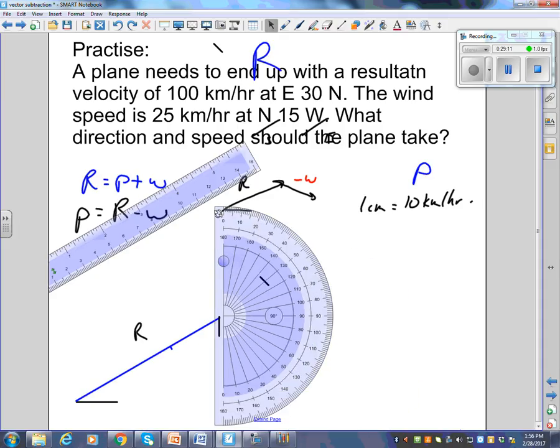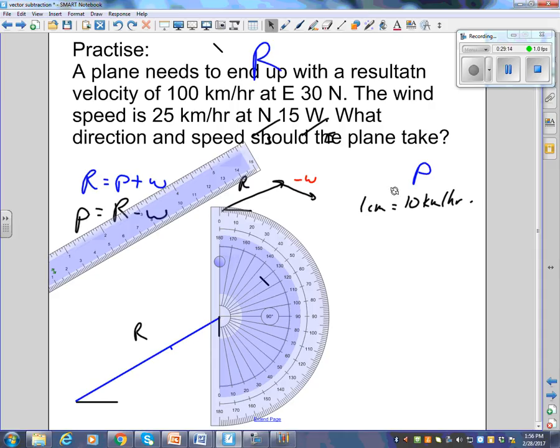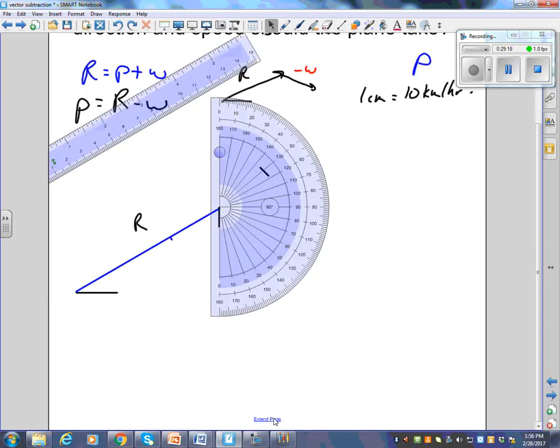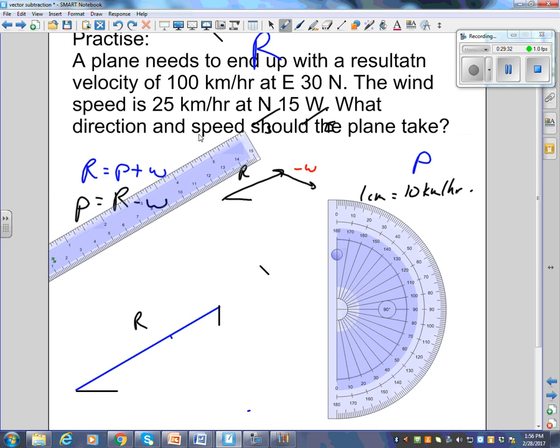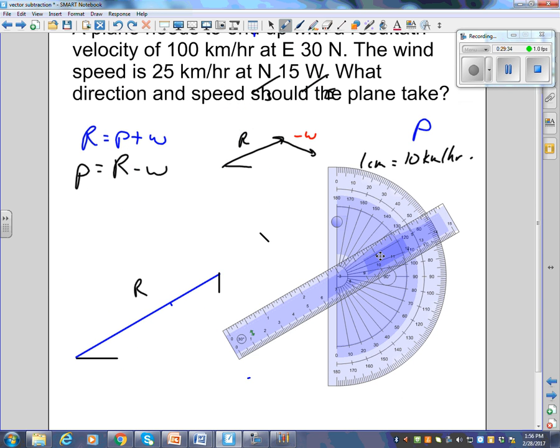At the top right there, right? And I'm going to go 15 south, 15 east. Okay, so there's south, 0, 10, 15 is going to be right there. Right here, south 15 east. Get rid of the protractor. It's 25, so I'm going to go 2.5.